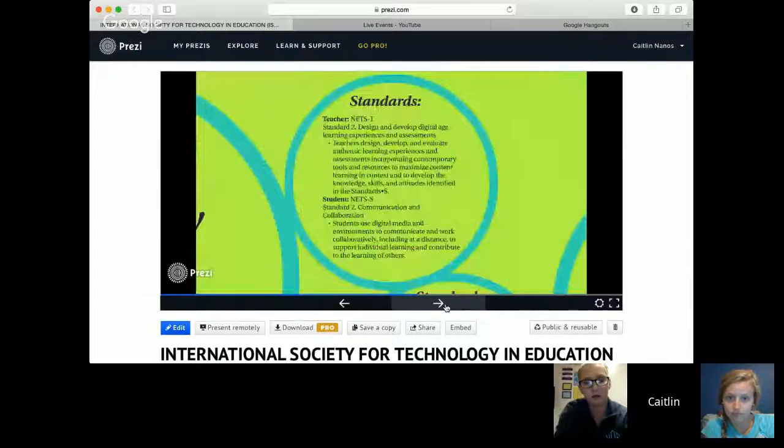I also had the second standards for both teachers and students. For the teachers, the second standard is to design and develop digital age learning experiences and assessments. Basically, teachers have to design and develop authentic learning experiences and assessments incorporating contemporary tools and resources to maximize how much the students will learn and to help them develop knowledge and skills.